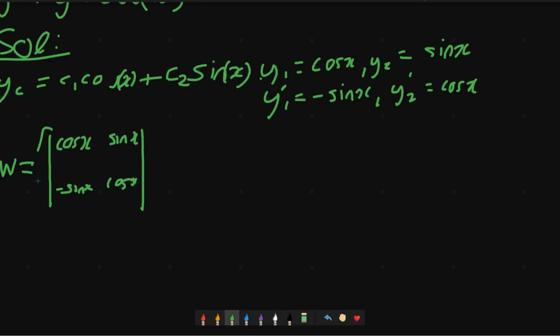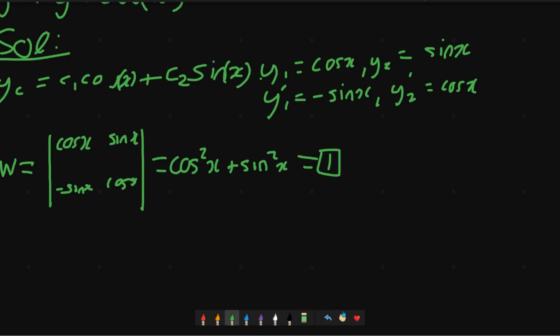And these bars on the outside mean we just take the determinant. So we do cosine x times cosine x, which is cosine squared, and we minus the product of the other diagonal, which is negative sine squared, but we're minusing minus sine squared. So we get a plus sine squared, which equals 1, of course.